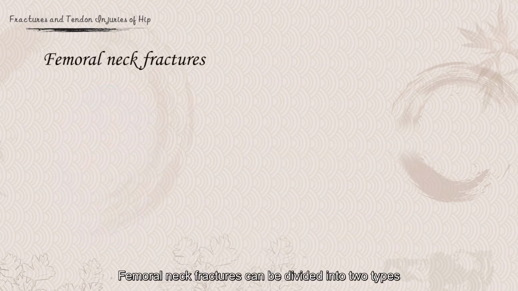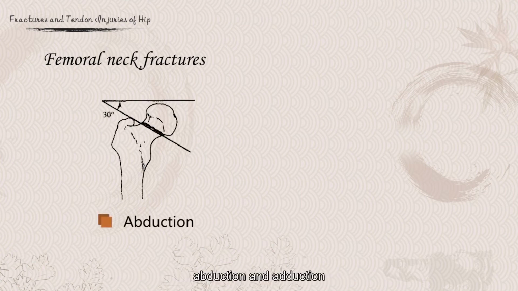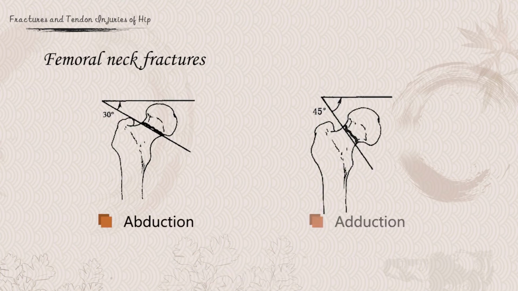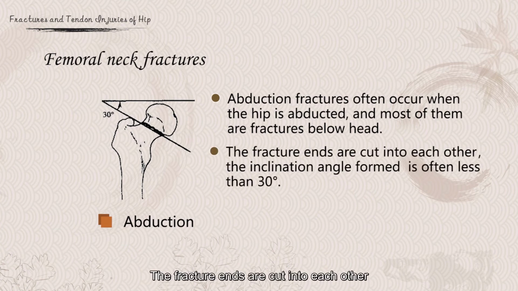Femoral neck fractures can be divided into two types according to X-ray imaging: abduction and adduction. Abduction fractures often occur when the hip is abducted, and most of them are subcapital fractures. The fracture ends are impacted into each other, and the inclination angle formed by the fracture line and the vertical axis of the femoral shaft is often less than 30 degrees.